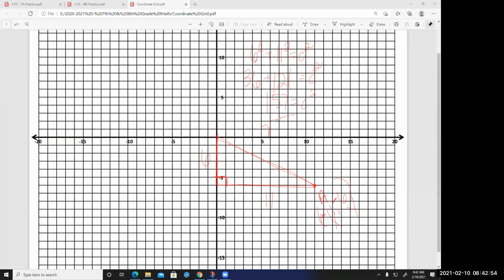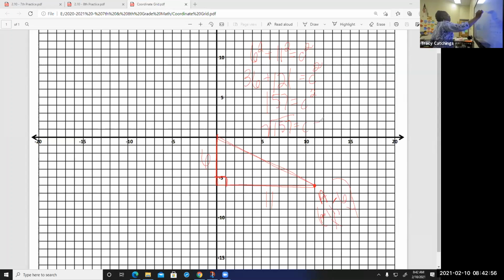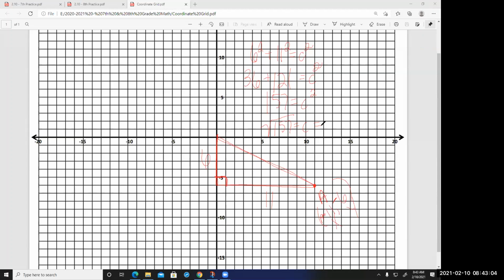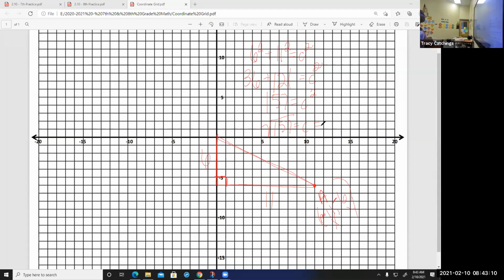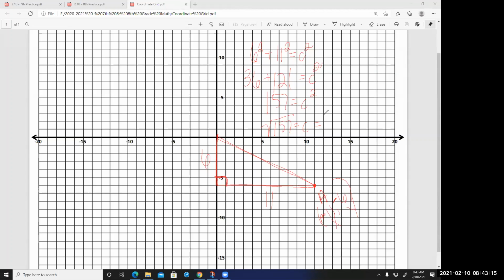All right, so then the square root of 157. 13 even? It was 12.5. Yes.